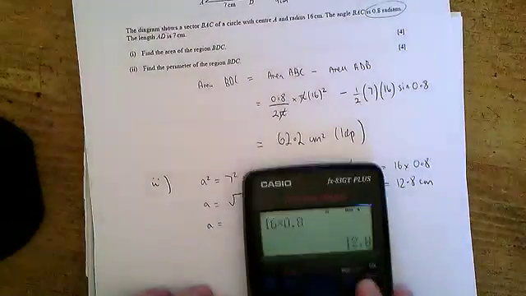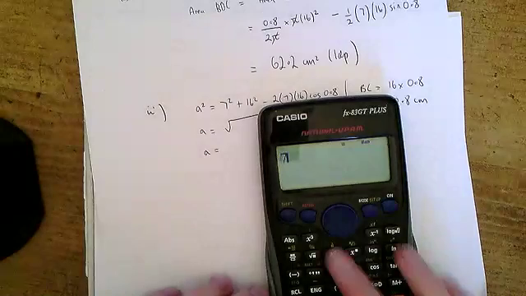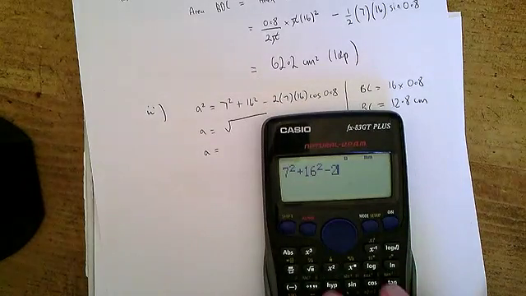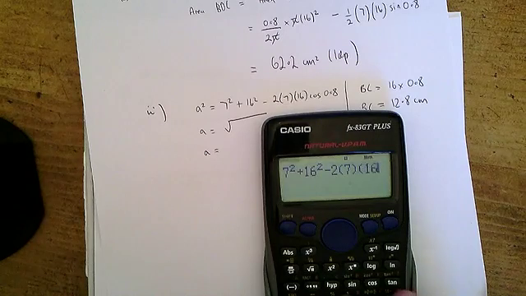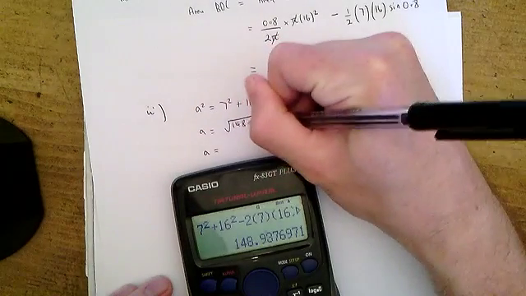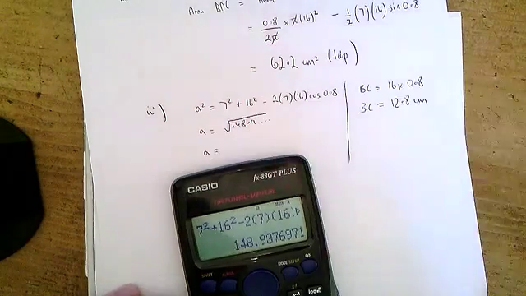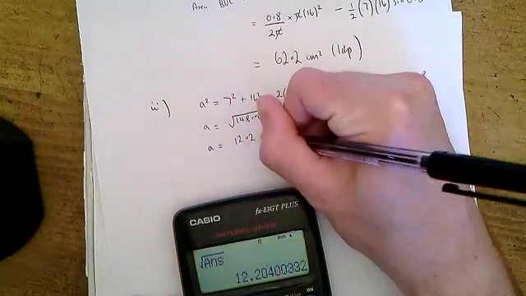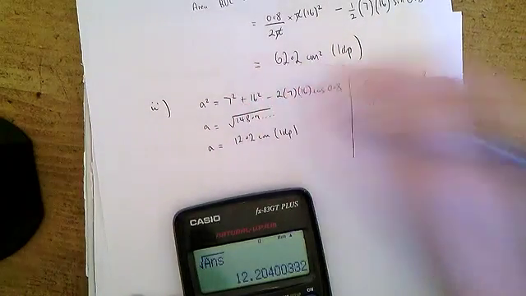And for the other one, it is 7 squared plus 16 squared minus 2 lots of 7 times 16 cosine of 0.8, close my brackets, which comes to 148.9 and so on, and then I'll square root that answer to get 12.2 centimeters to 1 decimal place.